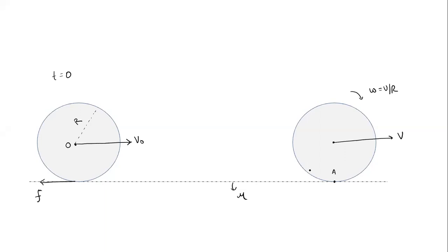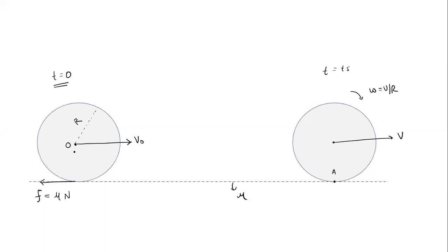Now, can anyone tell me, in between time t equal to 0 second to time t equal to t second, is the friction acting on that body a kinetic friction or a static friction? It is the kinetic friction. Very good. If it is a kinetic friction, then can I say that the value of that friction will be equal to mu times the normal reaction?